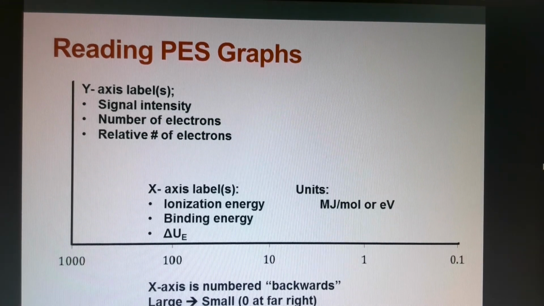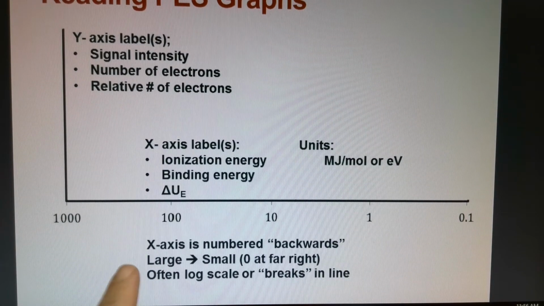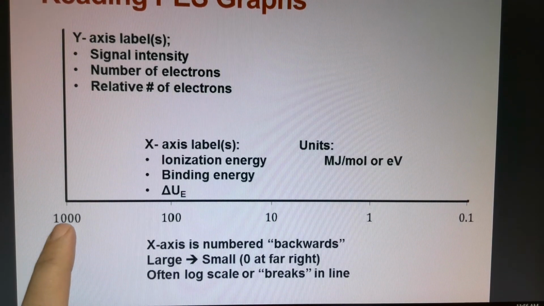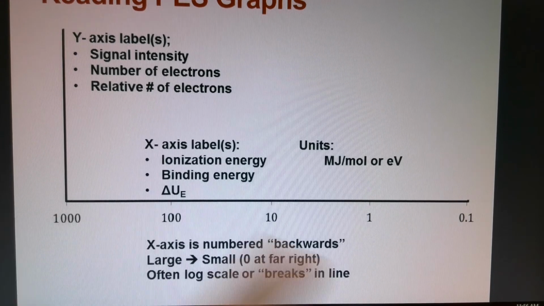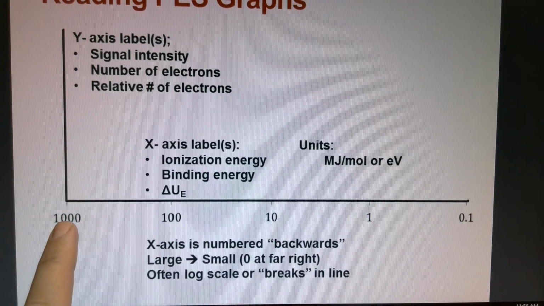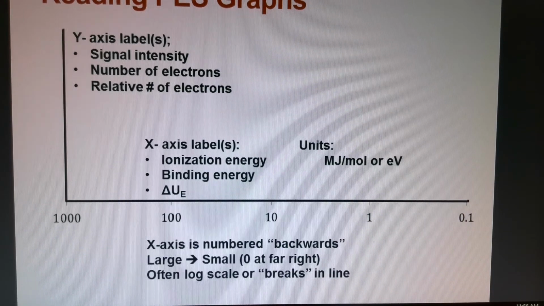One other thing of note is that the x-axis is numbered backwards. Most of the time when you see a graph, the 0 will be here, and it'll be going up as you go right. In this case, the highest numbers will be on the left, and the numbers will go down, decrease.